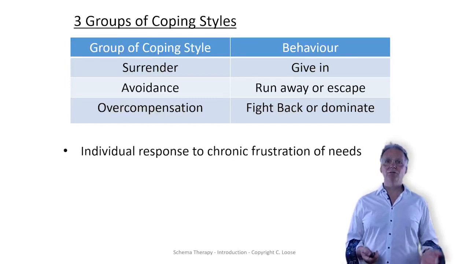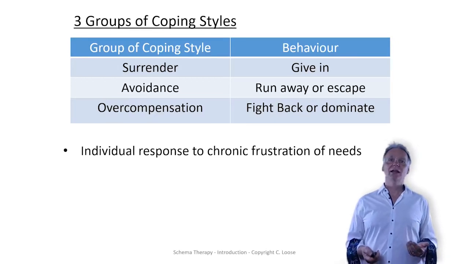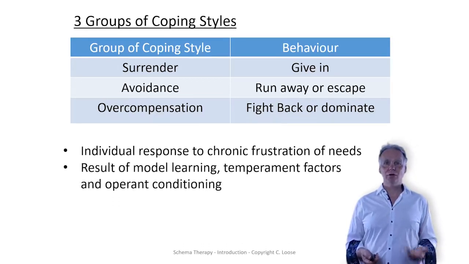And what kind of behavior I show depends on, of course, my needs and on my learning models. So my temperament plays a role, and my history, how I was reinforced, or my operant conditioning, also my learning history.